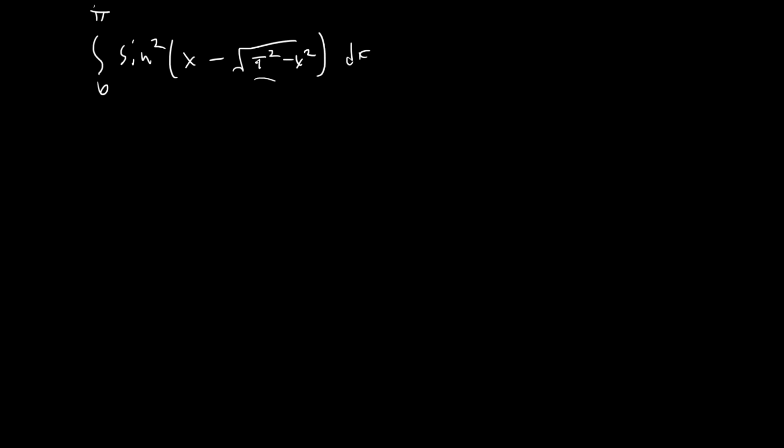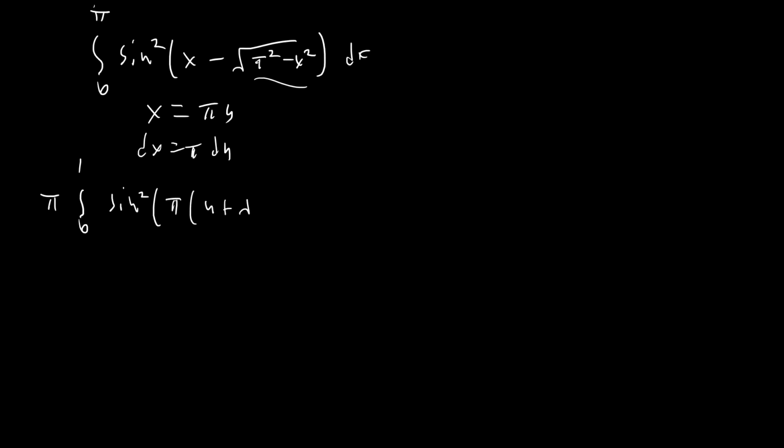So I don't like this pi squared minus x squared. I prefer to have 1 minus x squared, so I'm going to go ahead and substitute x equals pi u, dx equals pi du, right? So we're going to end up with pi times the integral from 0 to 1 of sine squared of pi times u plus square root 1 minus u squared, minus sine.